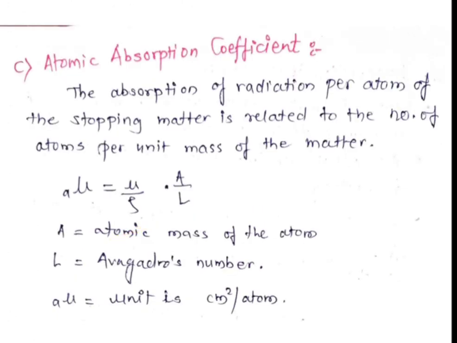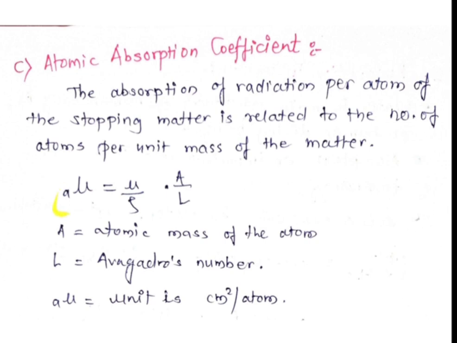Then we will see the third kind of absorption coefficient, the atomic absorption coefficient. In this atomic absorption coefficient, the absorption of radiation per atom of the stopping matter is related to the number of atoms per unit mass of the matter. So, simply, the absorption coefficient will be measured per atom or per unit mass of the matter.